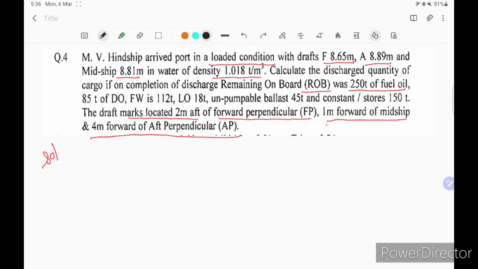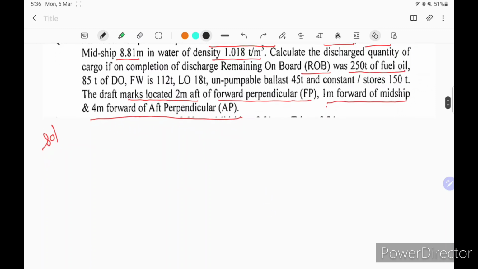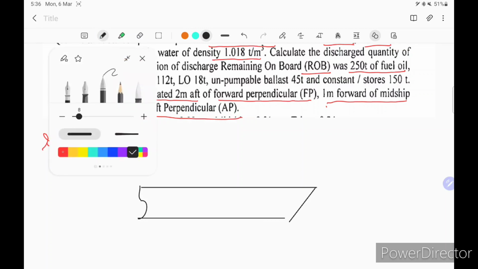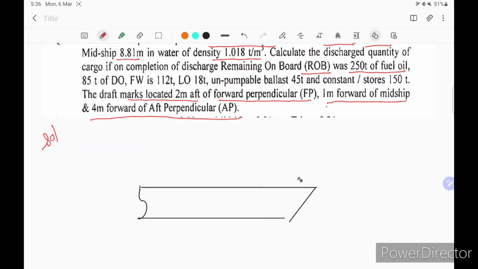First we have to prepare the diagram. The diagram is very important. Okay, so consider this is our forward perpendicular.